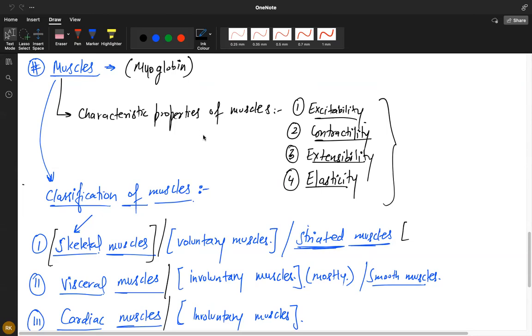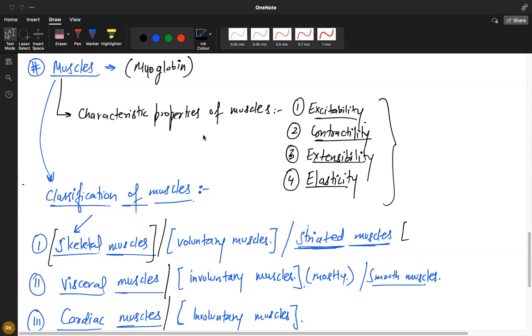So excitability, contractility, extensibility, and elasticity. You can remember it as E3C. Excitability means you can excite the muscles. They should have contractility: they should be able to contract and relax under different conditions.